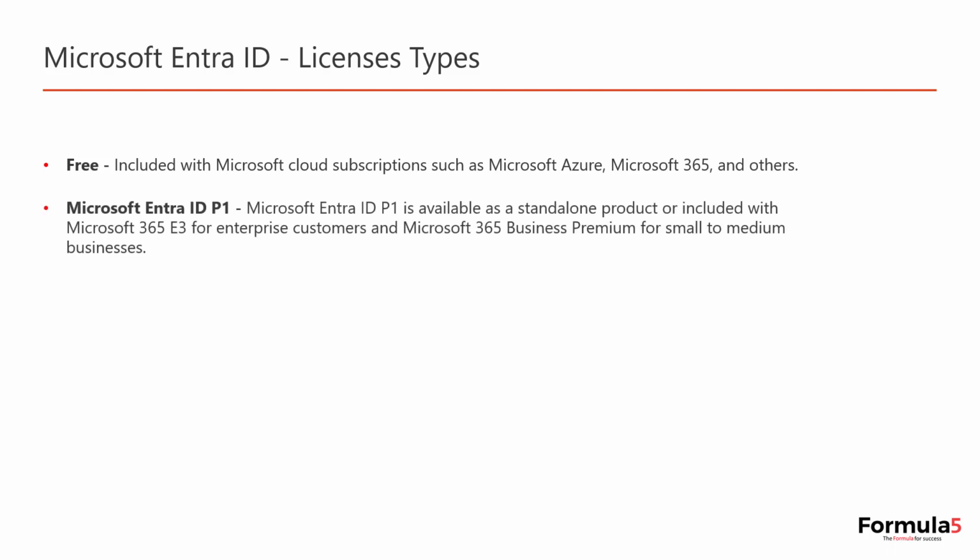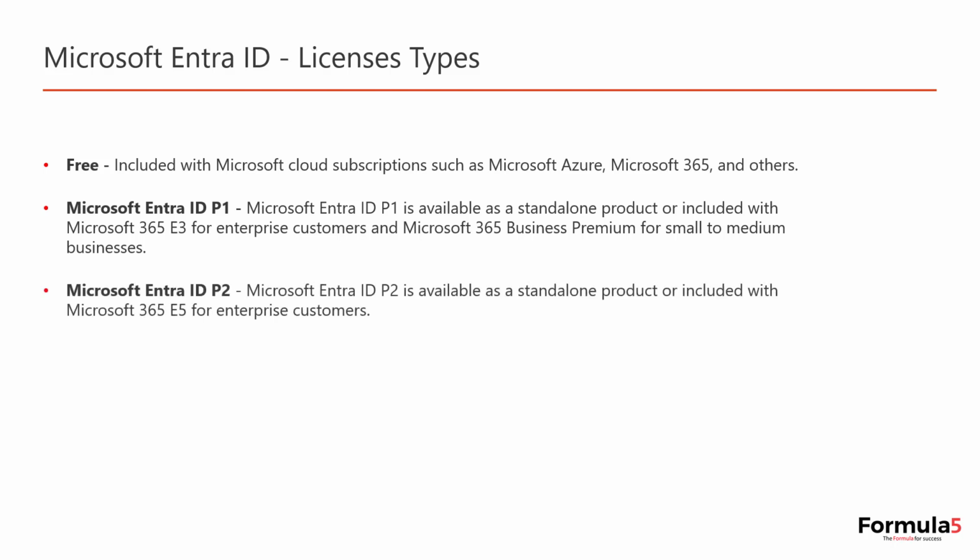And then we have those two license types. Microsoft Entra ID P1 or Premium P1, which is available as a standalone product, which we can buy, or included with Microsoft 365 E3 for enterprise customers and Microsoft 365 Business Premium for small to medium businesses.